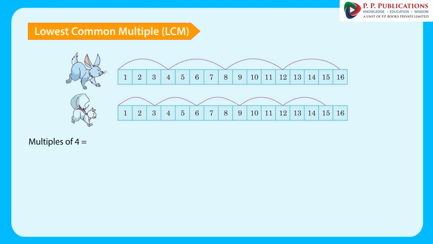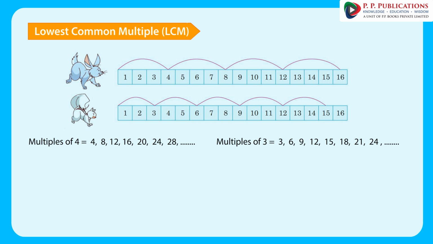Multiples of 4 equals 4, 8, 12, 16, 20, 24, 28 and so on. Multiples of 3 equals 3, 6, 9, 12, 15, 18, 21, 24, etc. Common multiples of 3 and 4 are 12, 24 and so on.